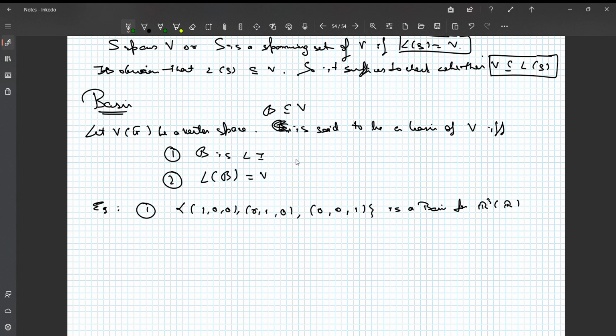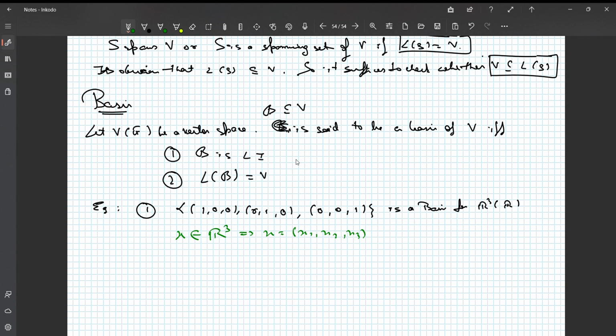We have already proved that this is linearly independent. We just need to show whether this spans R3 or not, and that is very easy to check. Suppose you have x in R3, then that means x has certain coordinates x1, x2, x3, because you can imagine R3 to be the three-dimensional space. You can think of it like that.